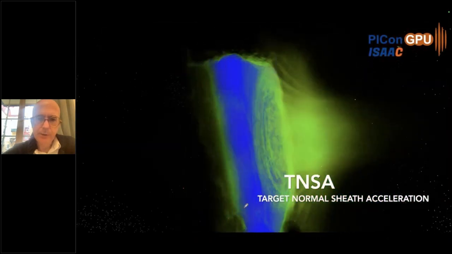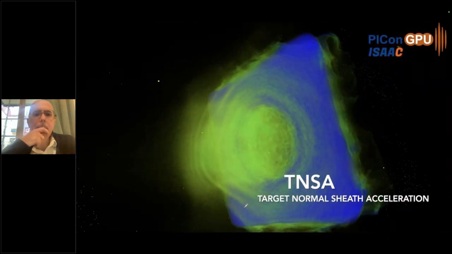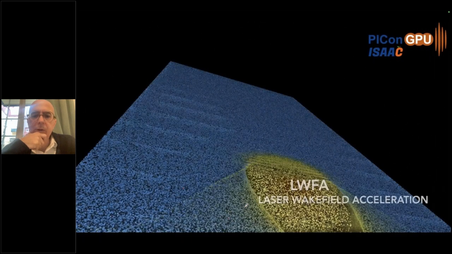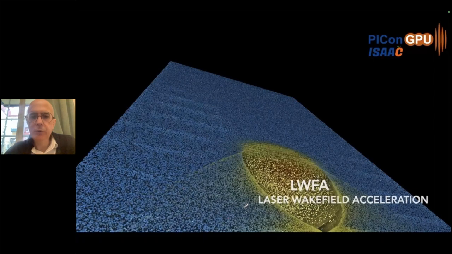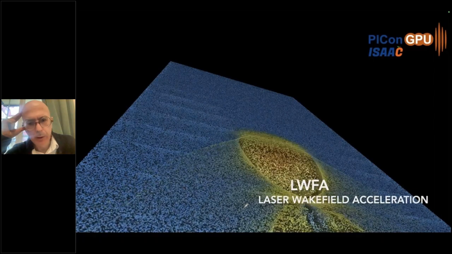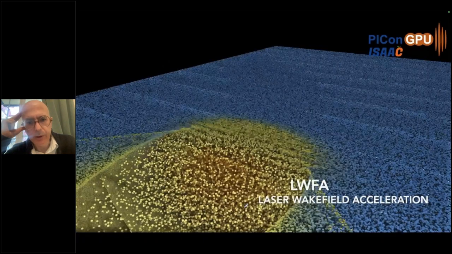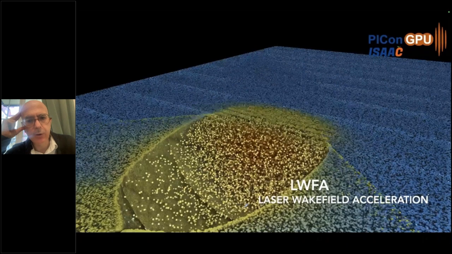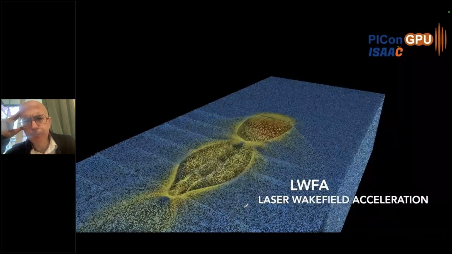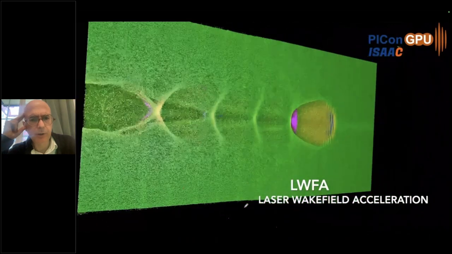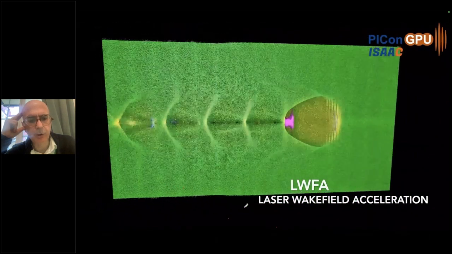So this is again the PIC with PIConGPU. As I said, they have computational particles, and we model the interaction of the electromagnetic field with these computational particles.